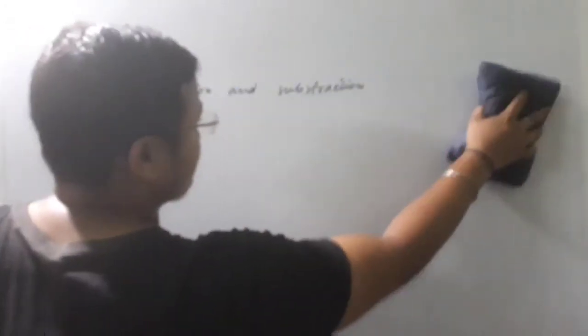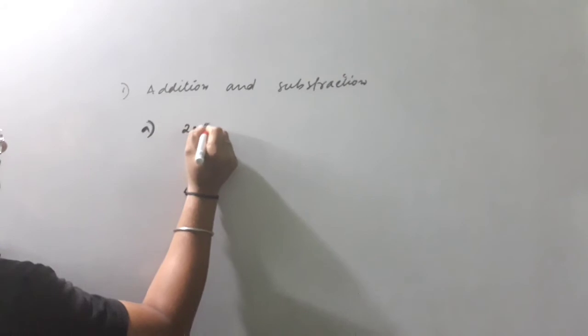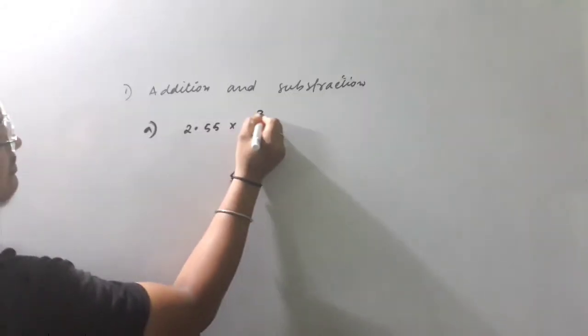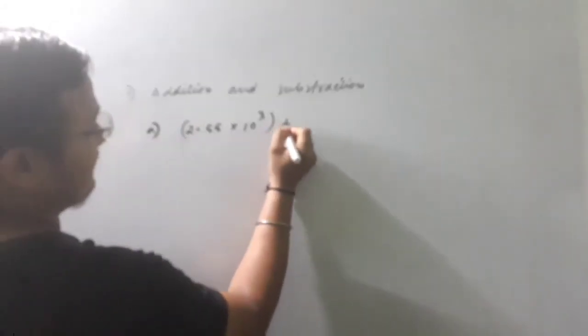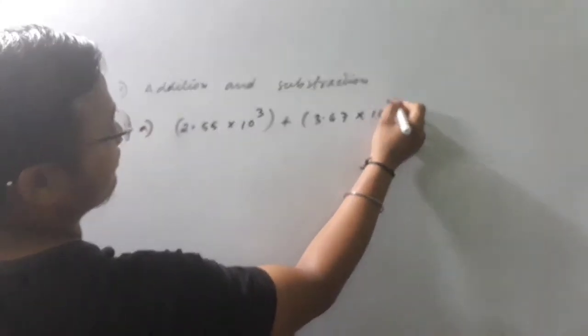Now let's go through an example, okay guys? Say there is a number 2.55 into 10 to the power 3 added with 3.67 into 10 to the power 4.